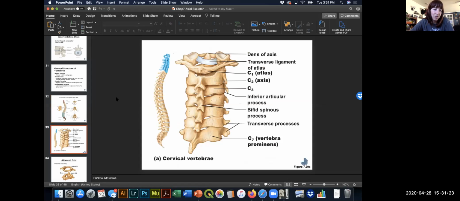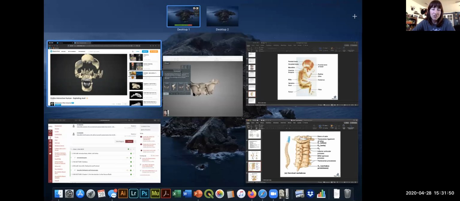Your atlas and your axis, C1 and C2 vertebrae, are special, right? They have a very unique structure. And when I said all of your vertebrae have a vertebral body, these are the exception to that rule. So as you can see, your axis does not really have a vertebral body.